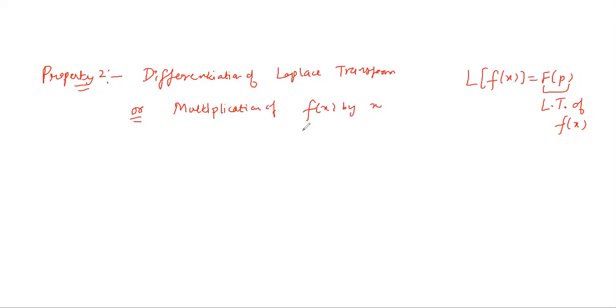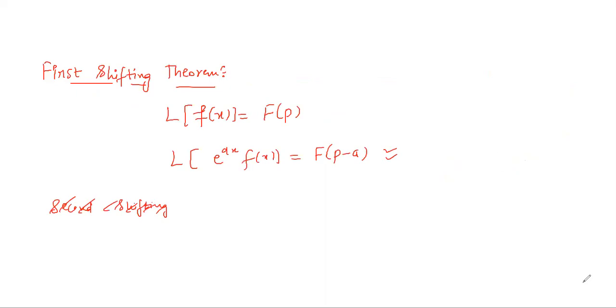Differentiation of Laplace transform is also remembered by the name multiplication of f(x) by x. I gave you a few examples last time, that suppose you are able to find the Laplace transform of, say, this, we will be able to do this with the shifting property: first you find the Laplace transform of sin 3x, and then using this result you can get your answer.